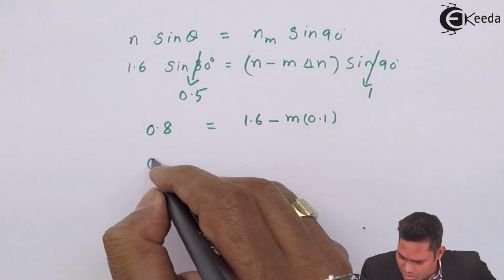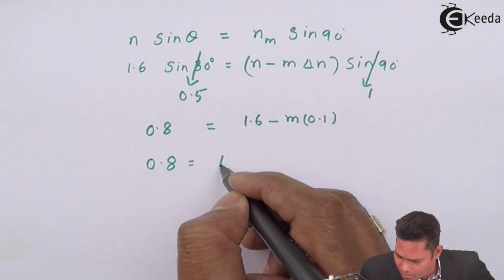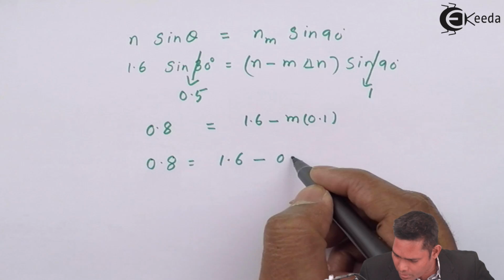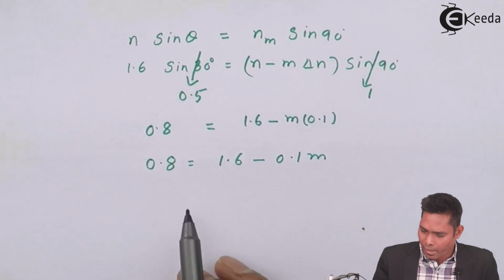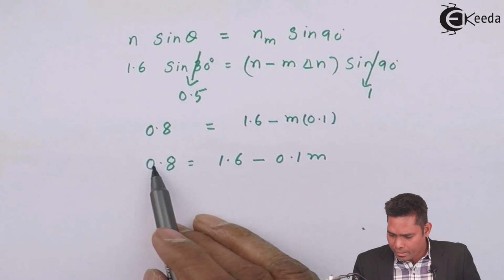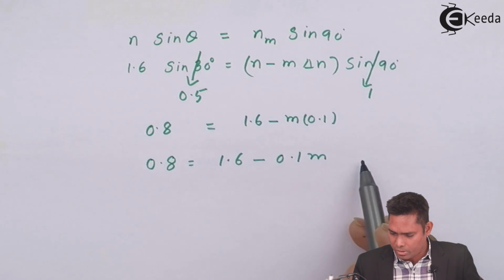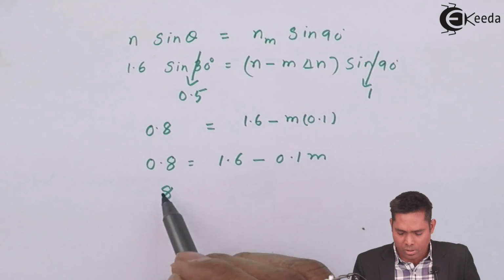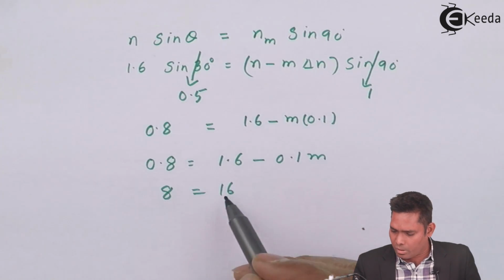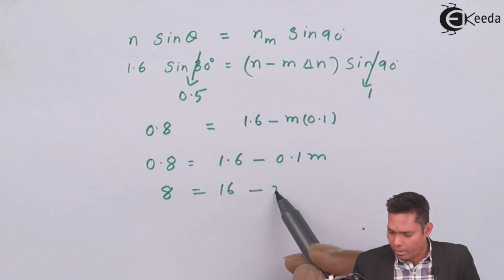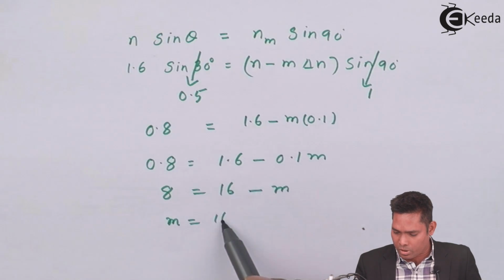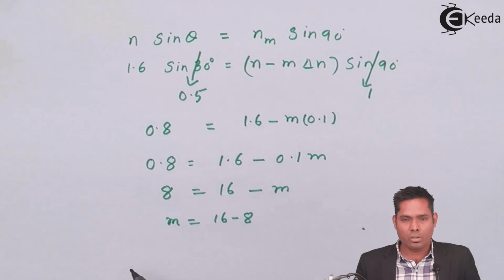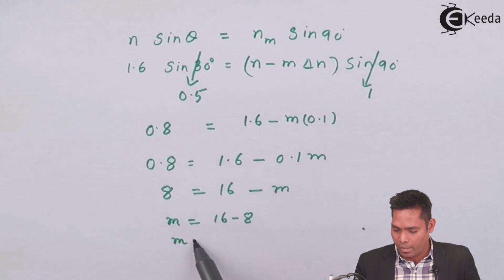From here I'm getting 0.8 equals 1.6 minus 0.1 m. If I multiply by 10 throughout the equation, this will become 8, this will become 16, and this will become m. So m equals 16 minus 8, and therefore m comes out to be 8.